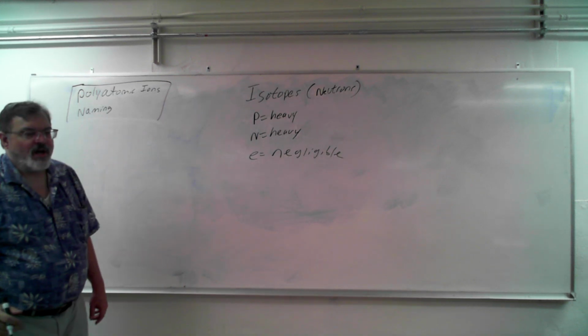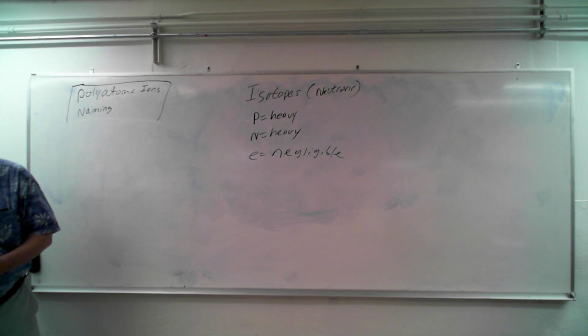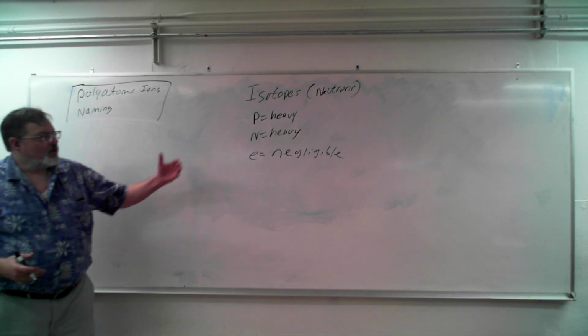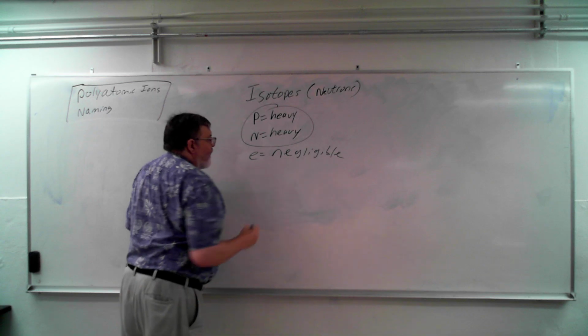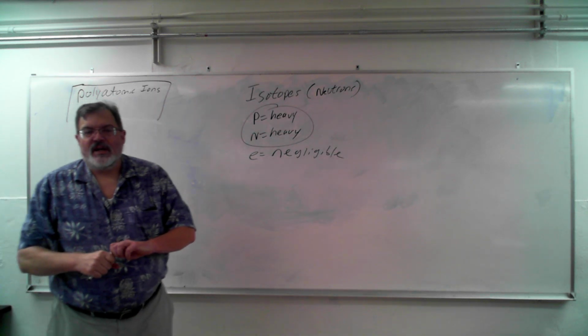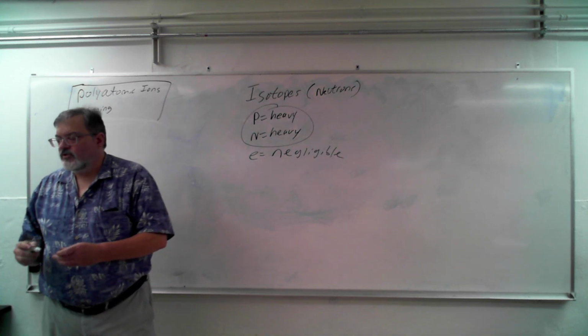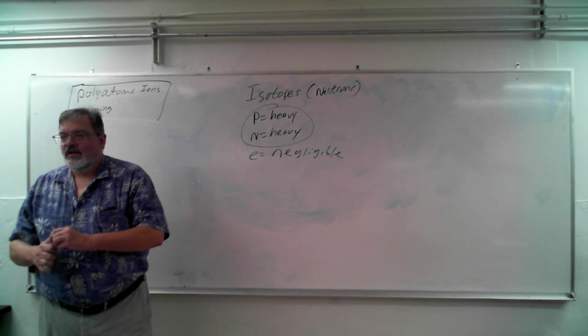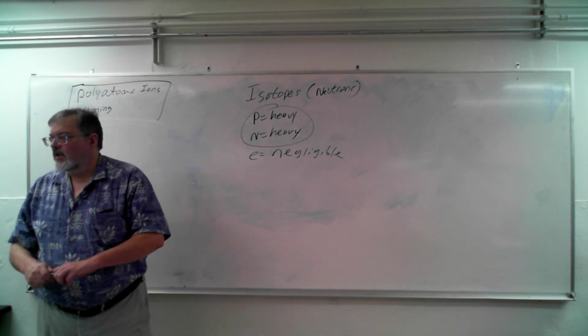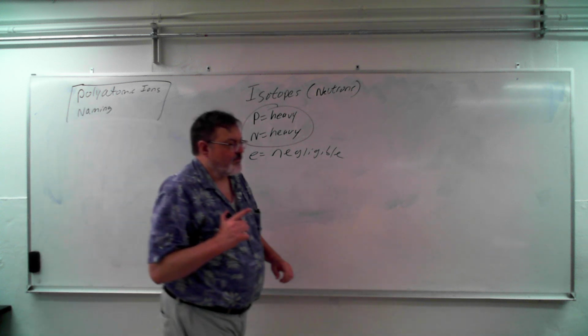When it comes to how much an atom weighs, it has everything to do with the protons and neutrons in the nucleus. And the electron is so light, it practically doesn't contribute to the weight. Electrons are about 1,000 times less heavy than protons and neutrons. That's the first thing to know.